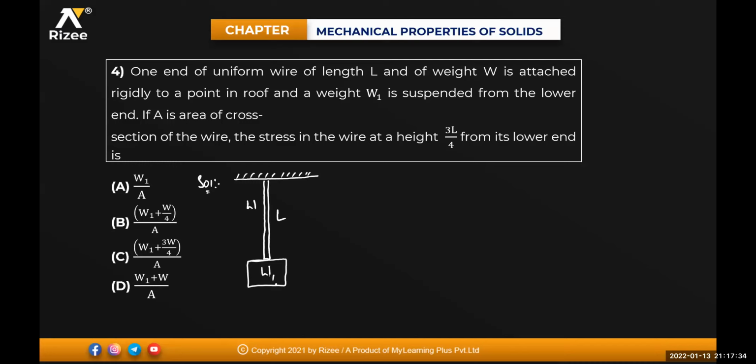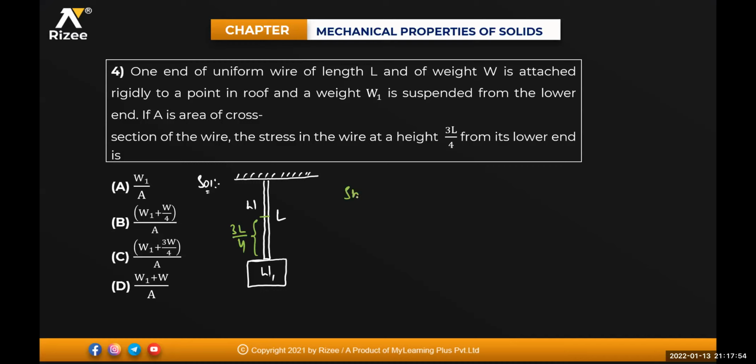If A is the area of cross section of the wire, the stress in the wire at a distance of 3L by 4 from the lower end, that means from the lower end, somewhere here at a distance of 3L by 4. What is asked is, stress is equal to how much?